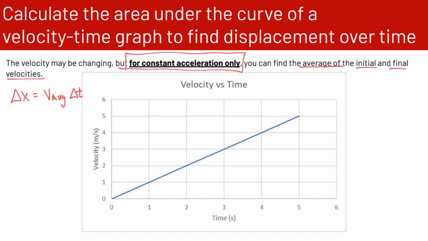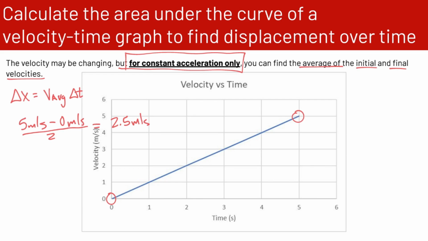So first we're going to find the average of the initial and final velocity. Our final velocity is 5 meters per second. Our initial velocity is 0 meters per second. We're going to take the average of that. There's 2 of those. So that gives us an average velocity of 2.5 meters per second.